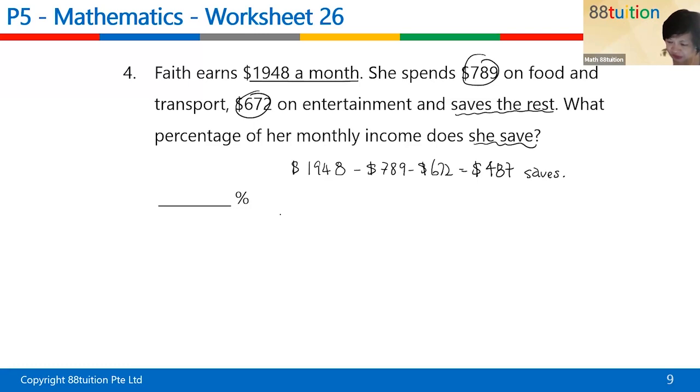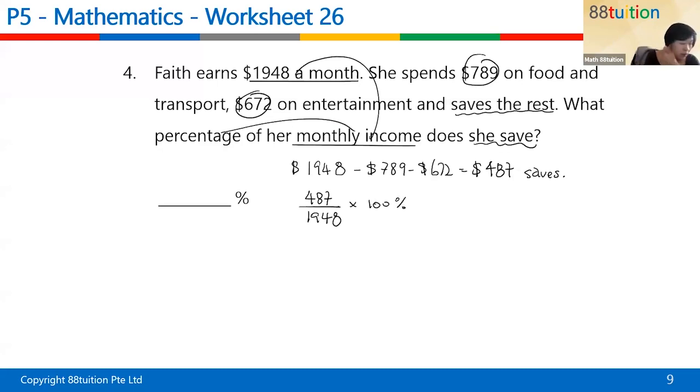How to express it as a fraction? 487 out of what? Out of the monthly income. You see your English? The percentage is of the monthly income. And where's the monthly income? Here, 1,948.